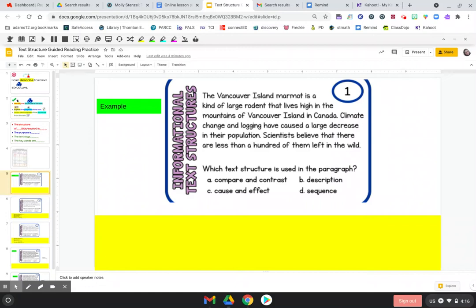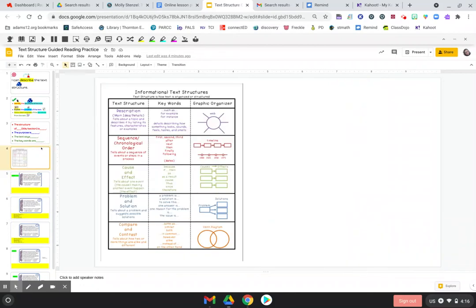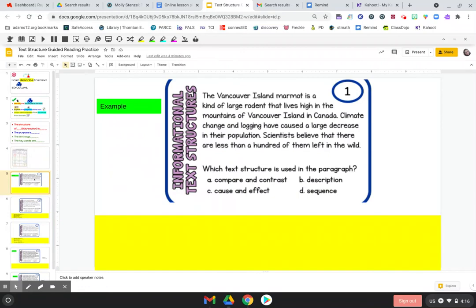So, at first I thought it was description because I remember from this chart that description is something that describes something else. And at first glance, I saw evidence of that in the text saying it's a large kind of rodent that lives high in the mountains of Vancouver Island in Canada.